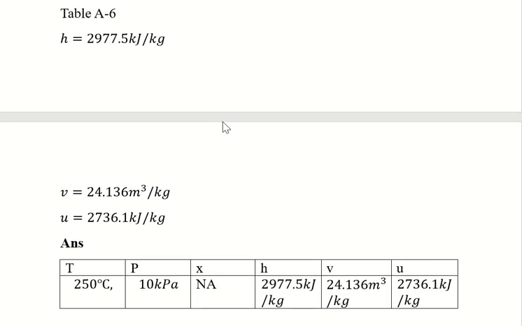And from that same table we get these values: specific volume is 224.136 milliliters per kilogram, and internal energy is that.